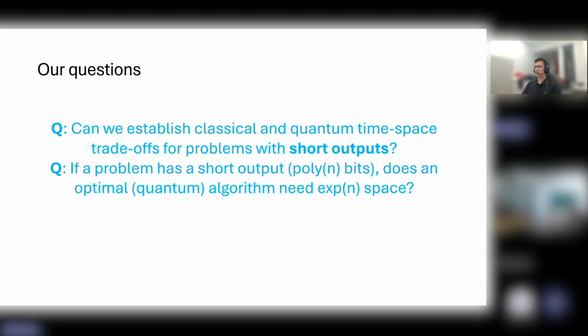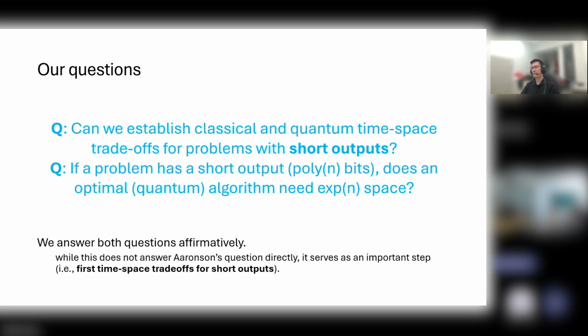So our question is, can we actually establish a space-time trade-off for a problem with short outputs? In other words, to achieve an optimal quantum algorithm, do we need exponential space?